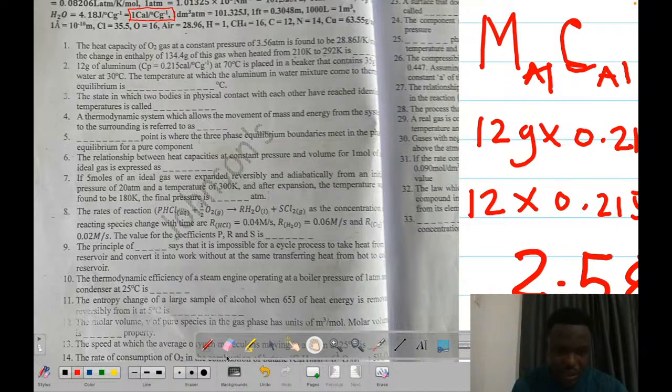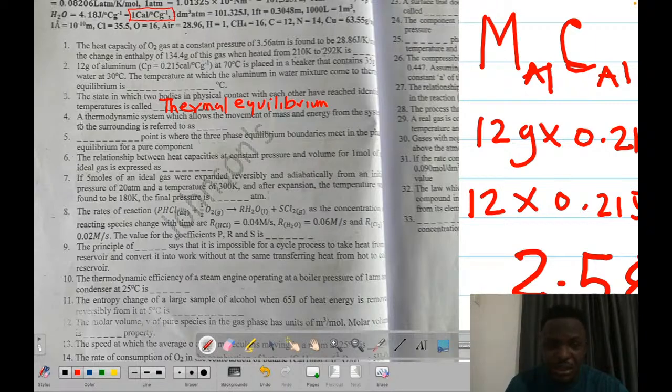The answer to that question is thermal equilibrium. So this is actually thermal equilibrium.